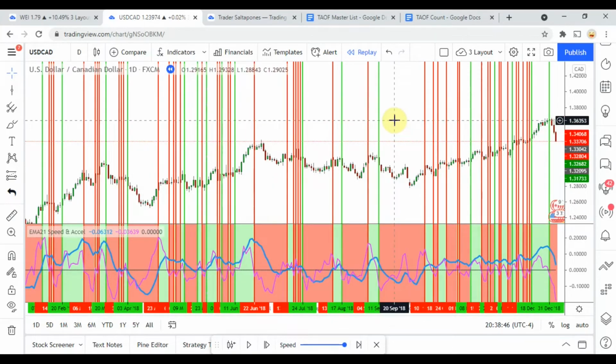So that is not going to meet the 60% criteria. It's actually quite far from it. And so this indicator kind of suffers from the same thing that a lot of the other indicators that give lots of signals suffer from, and that's overtrading basically.